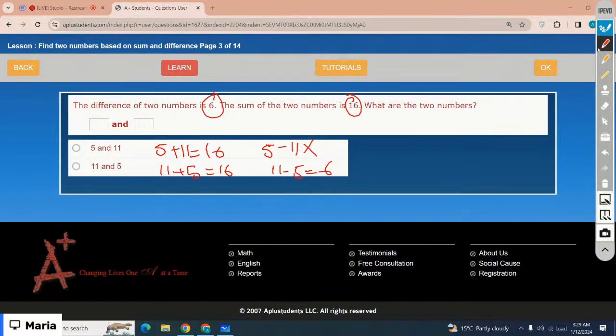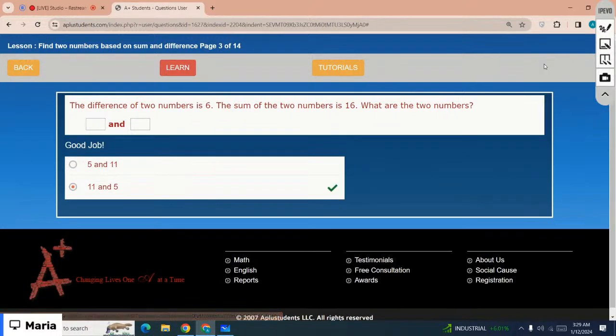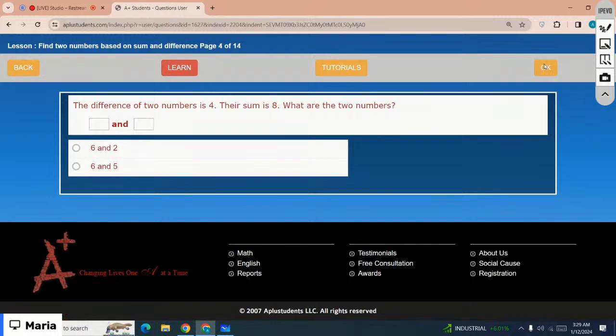Got it? The correct option is the second one. Okay, the next one is the difference of two numbers is 4 and their sum is 8. What are the two numbers? Which is the correct option?